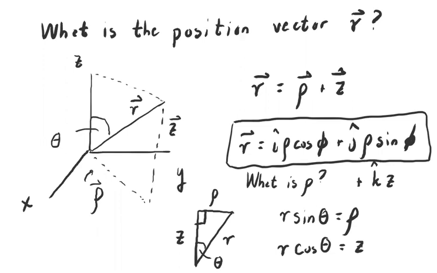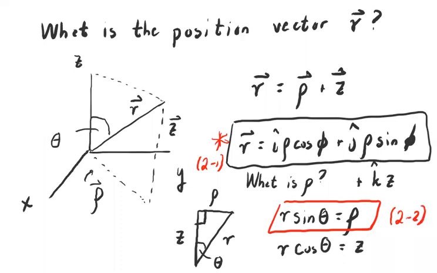So I have an expression for my position vector in terms of rho and phi. I want an expression for my position vector in spherical polar coordinates for just theta, phi, and r. And here's the secret. Here is the functional dependence of rho on r and theta. So all I need to do, this is lecture 2, is take expression 2-1 and substitute into it expression 2-2.